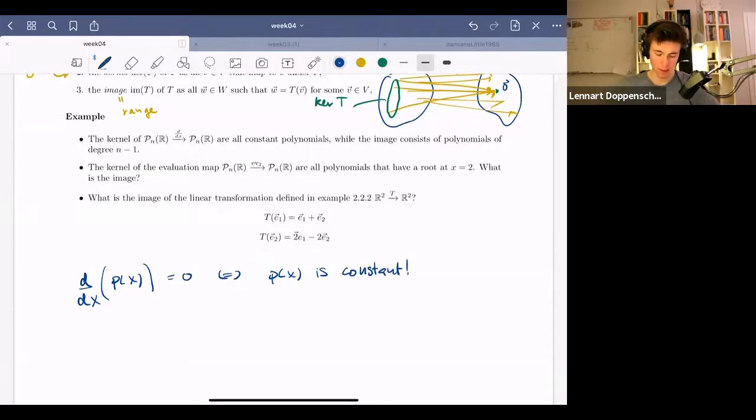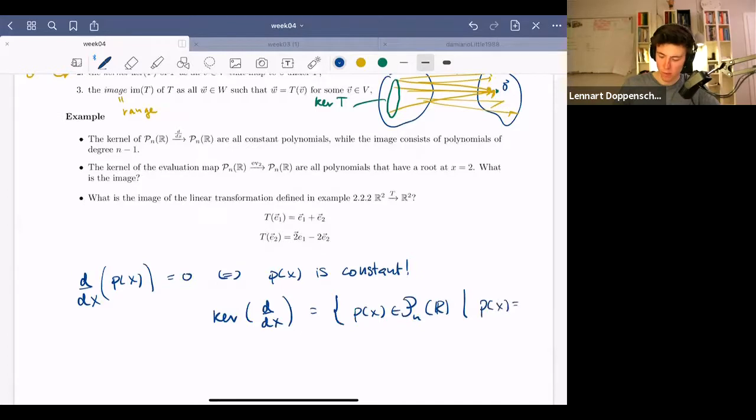So the kernel of d/dx is equal to all the polynomials in P_n(R) such that p(x) is equal to c.